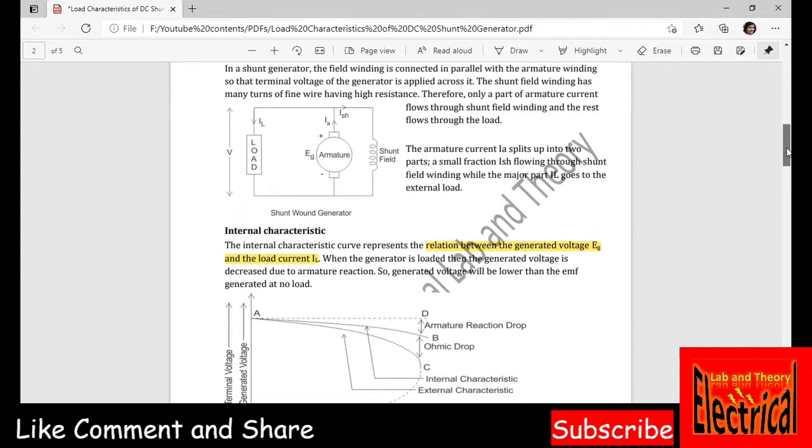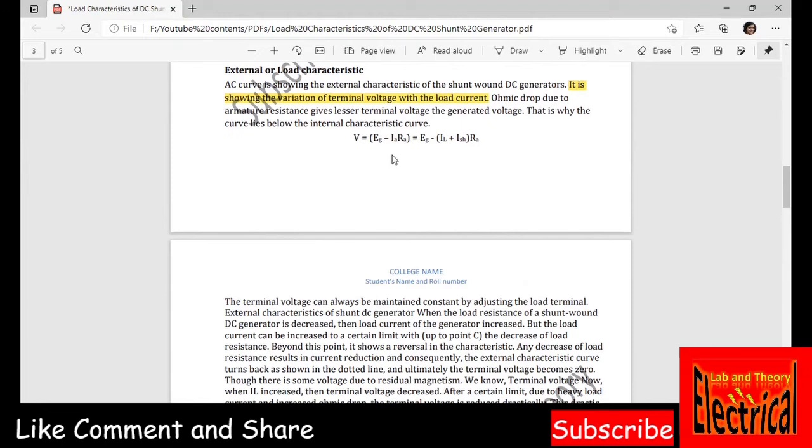Terminal voltage means here across this load is our terminal voltage, V. Okay, across the armature or across the shunt field is our internal characteristics, the generated voltage, Vg, and as the load is an external part of the machine, the voltage across the load is our external characteristics. Okay. So this is the formula by which we will be calculating our V and Vg.